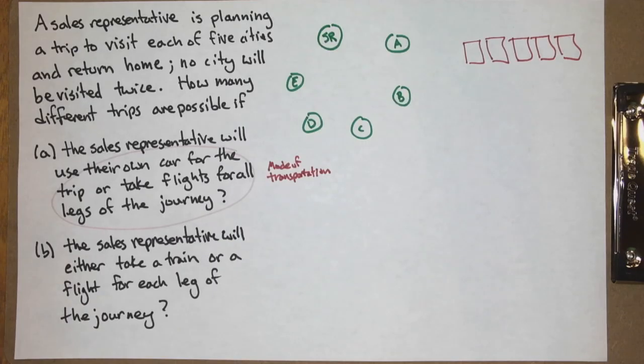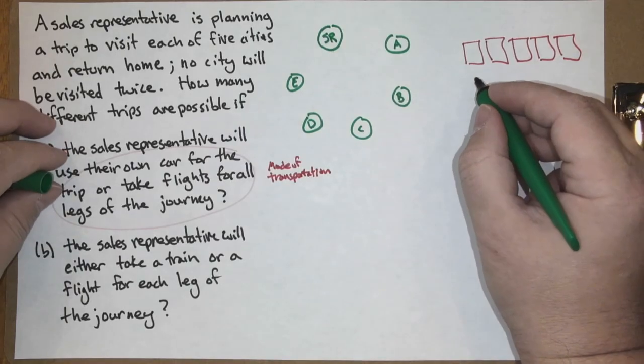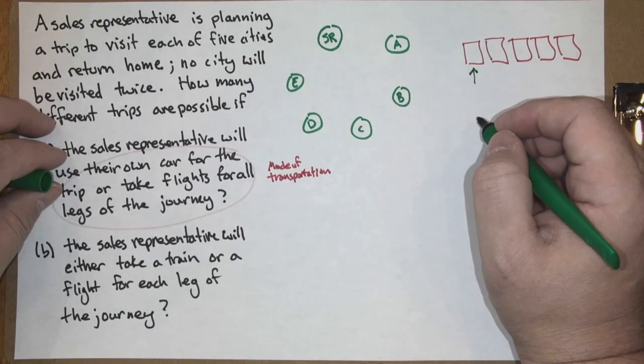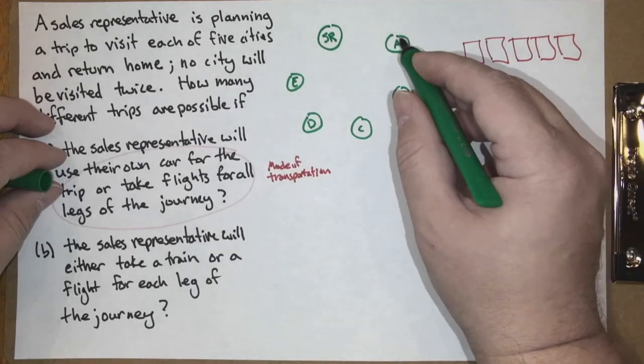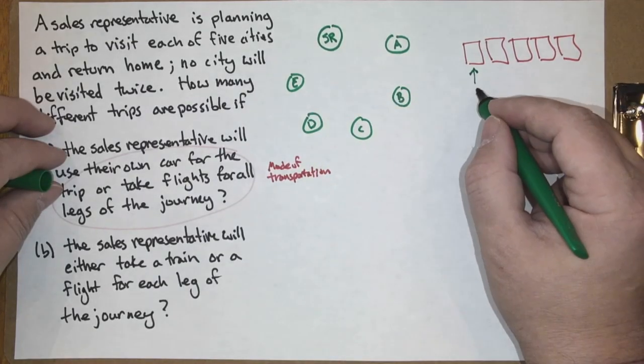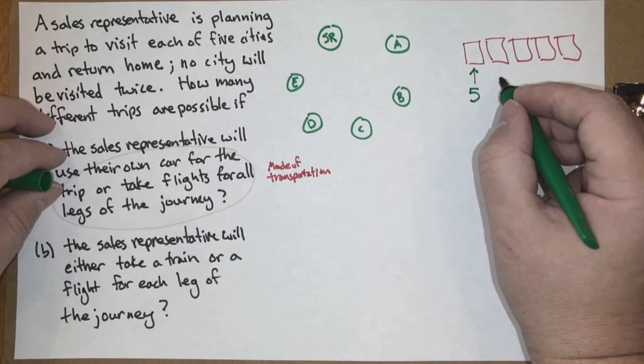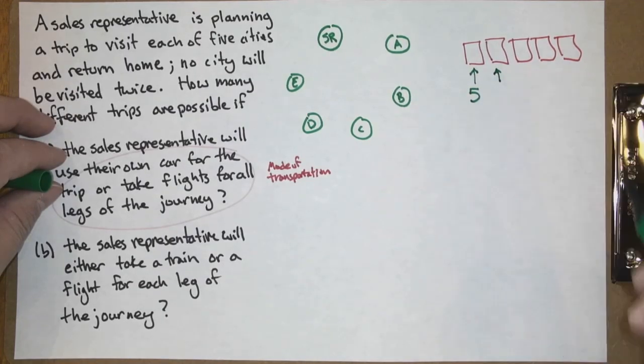Say, okay, how many choices do we have for the first city that we're going to visit? Well, there's 5 cities, and so that's 5 choices. How many options do we have for the second city that we're going to visit?